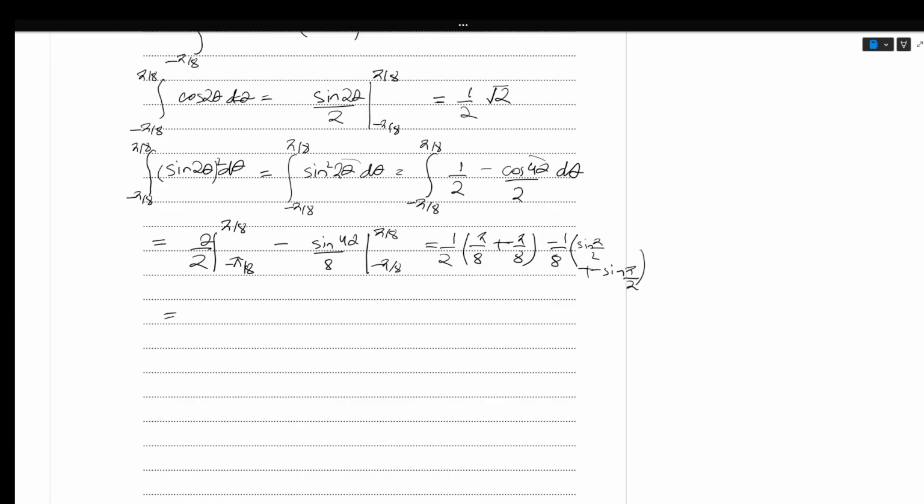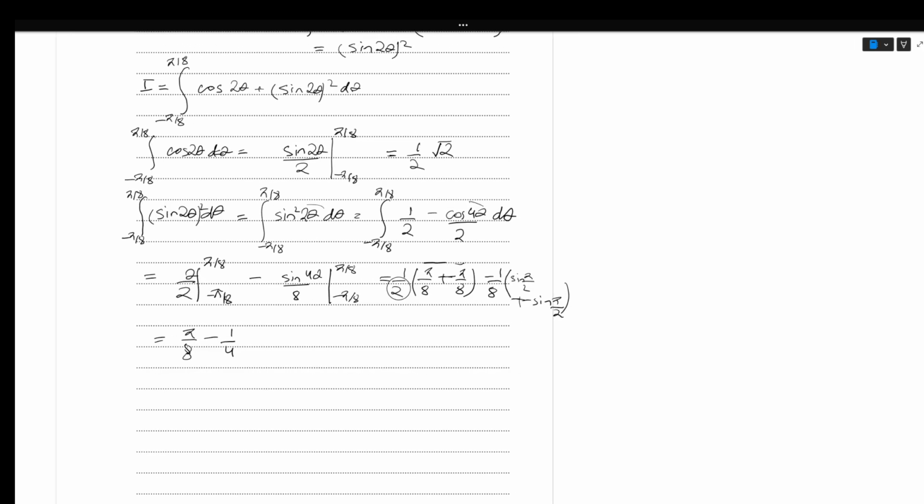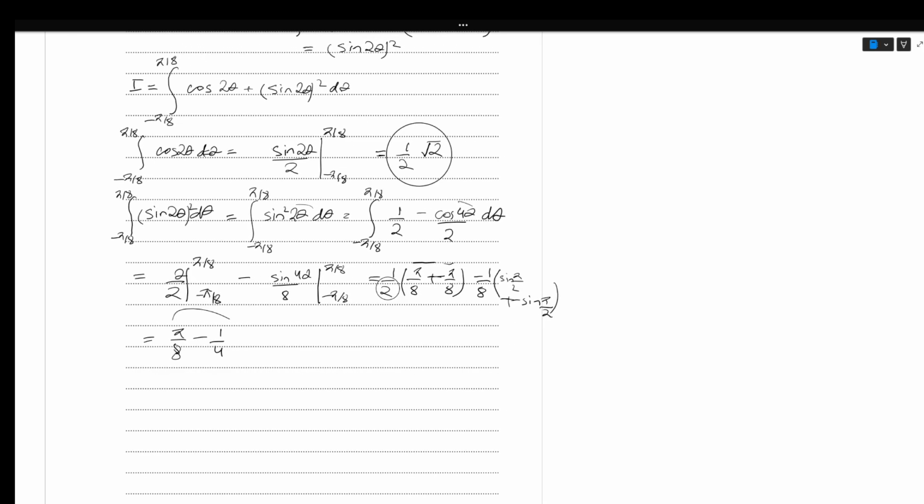So it's π/8, because I have two π/8s and if I take half of them, the final answer is just π/8. Then this is 1 plus 1 which is 2, so minus 2/8 which is 1/4. I have one answer here, and one answer here. So I simply get root 2/2 plus π/8 minus 1/4.